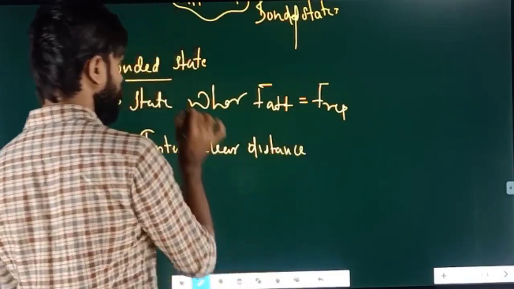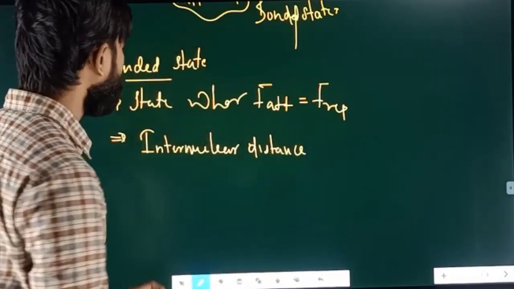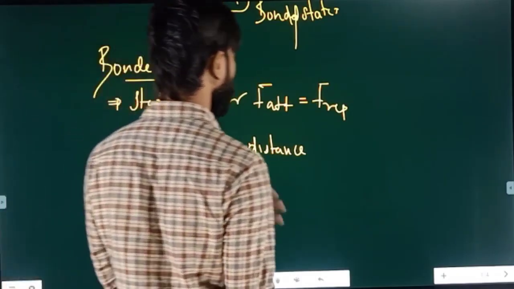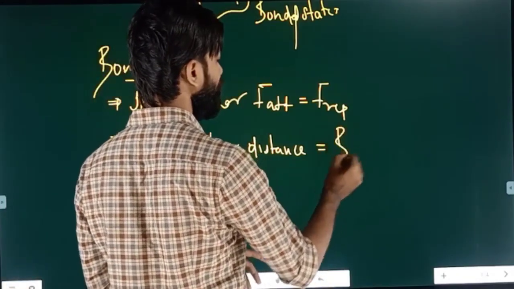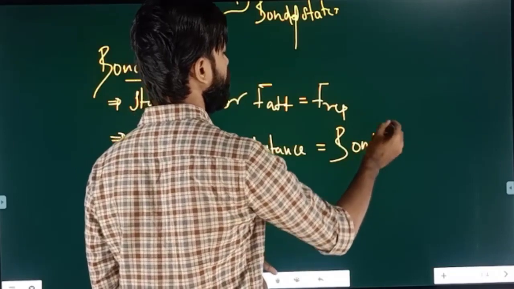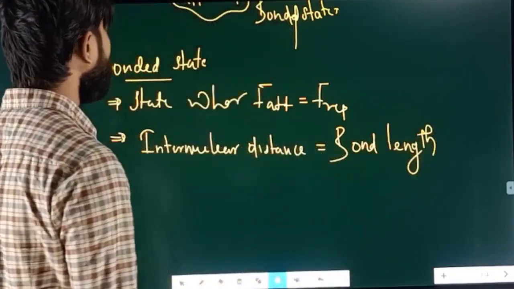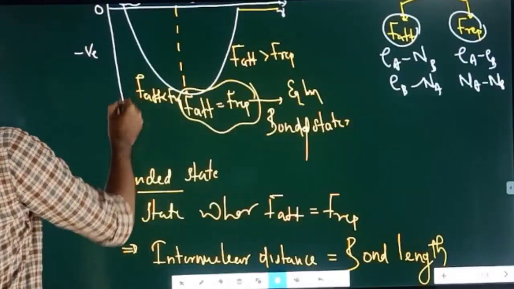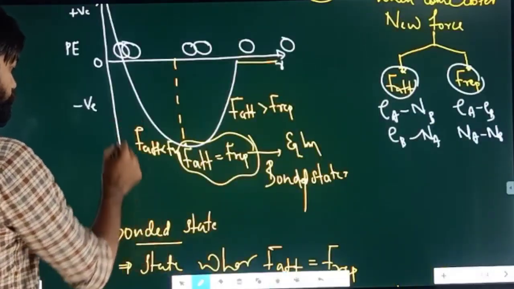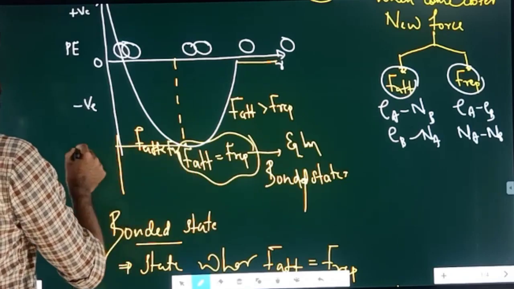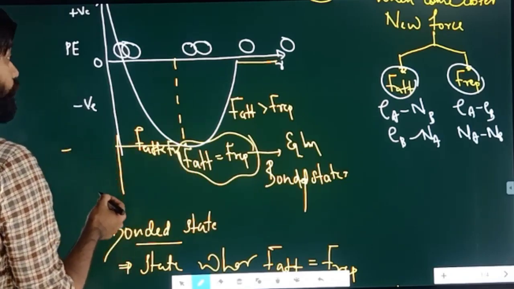In the bonded state, the internuclear distance of those two atoms is defined as what? Bond length. And in that particular stable state, there is a release of a greater amount of energy.